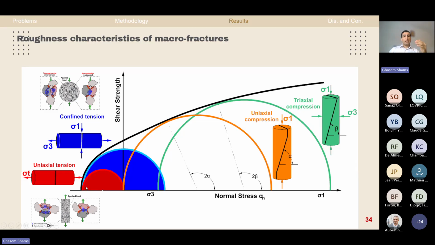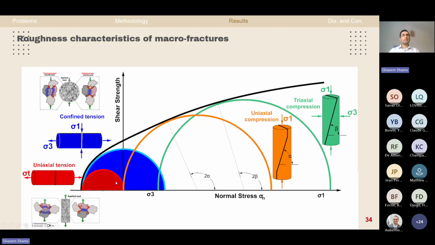In contrast, the stress state under direct tension is equivalent to uniaxial tension, as we can see represented here with this red circle. In this case, when we apply the load, as you can see in this graph, we don't have any compressive load.